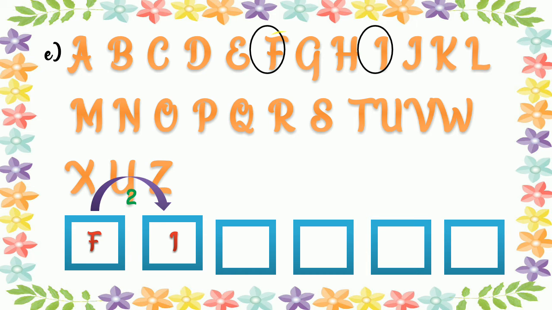We write F and I. Then we leave two, J and K. So our answer is L, because we leave two letters and get the answer. So here we write L. So in this question we leave two letters to get the answer.